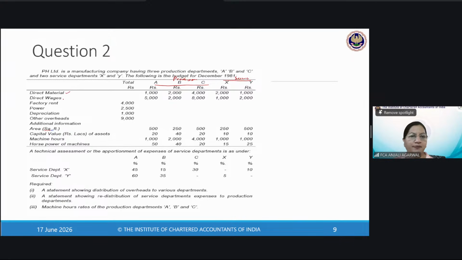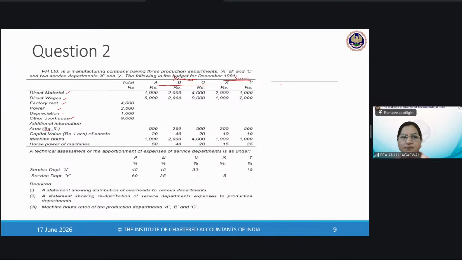Direct material, direct wages, factory rent, power, depreciation, other overheads. So factory rent is 4,000, power is 2,500, depreciation is 1,000, other overheads is 9,000.